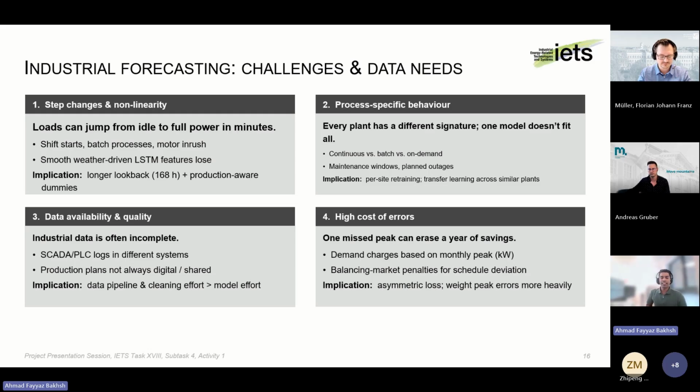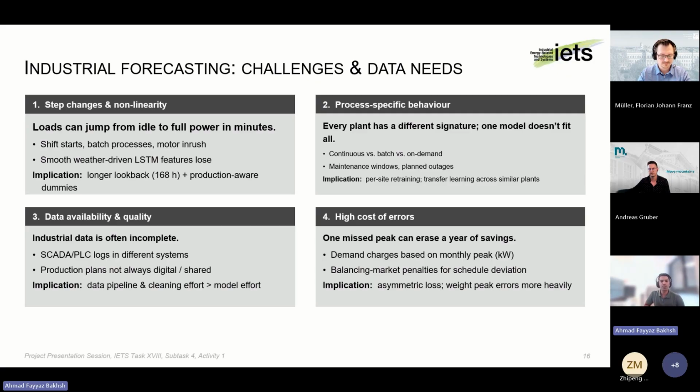So the second is process specific behavior. If we have different plants, every plant has its own pattern. So having one model for all of them can be a bit weak. Per site training would be so important. For instance, when it comes to cooling and heating of the plant itself, when it's hot, when it's cold, we need heating and cooling.